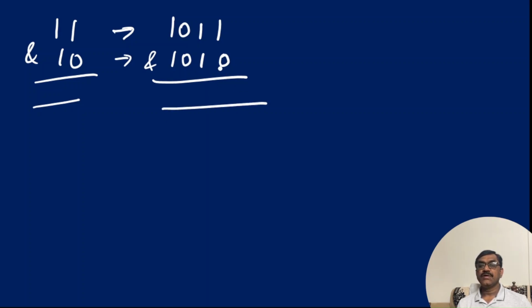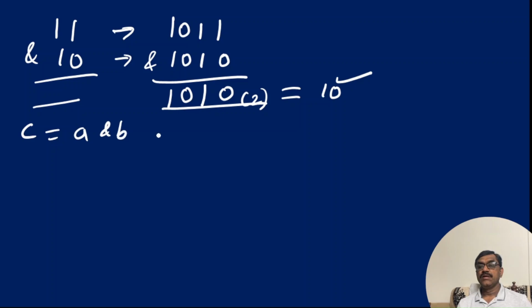Simply you can write the product: 1 into 1 is 1, 0 into 1 is 0, 1 into 0 is 0... so we are getting 1010 base 2. The equivalent decimal number is 10. The answer we are getting is 10. By performing the operation C equals to A and B, we are getting C value as 10 in decimal. So this is the way of using bitwise AND.